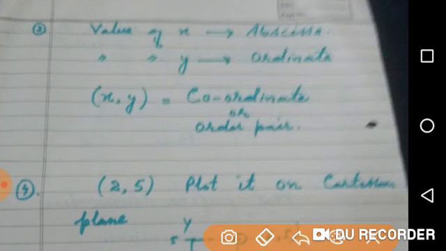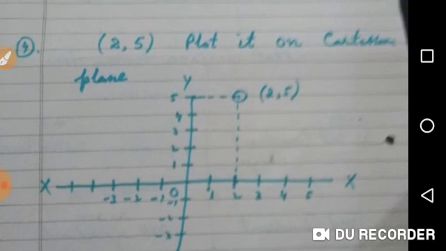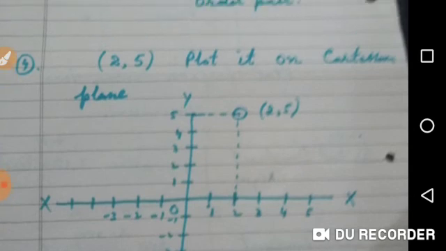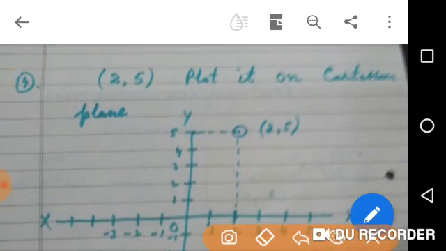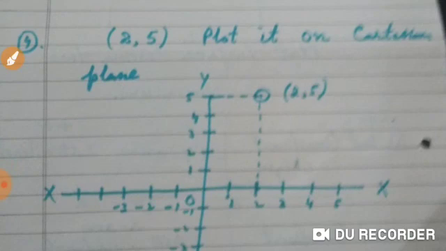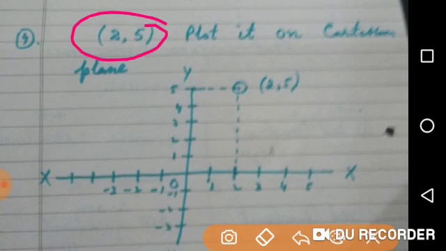Let us show you an example how to plot these coordinates or ordered pairs on the Cartesian plane. For example, we have been given here a coordinate 2 comma 5 and they are asking us to plot it on the Cartesian plane.